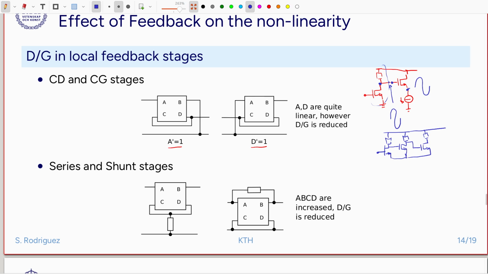Let's say the following amplifier chain, and if we have the same signal swing here, the signal swing at the input of the last amplifier will look like this, and at the input of the second amplifier it will look like this, and then at the input of the first amplifier it will look much smaller.